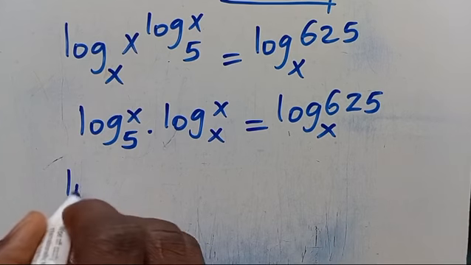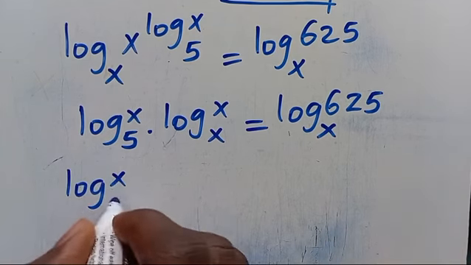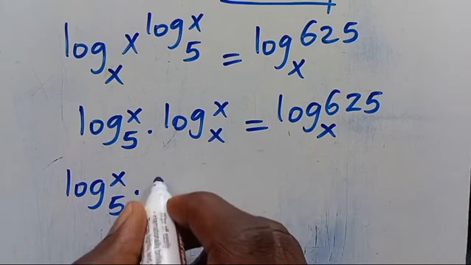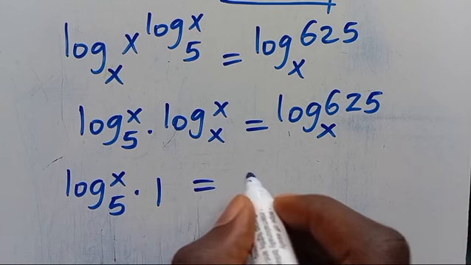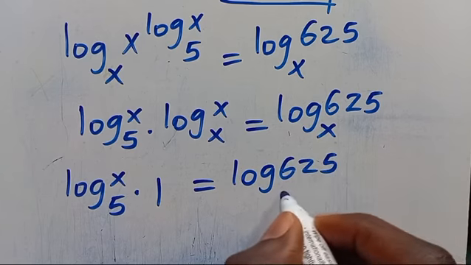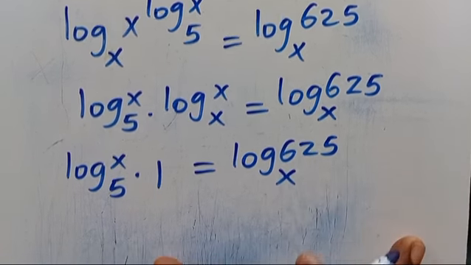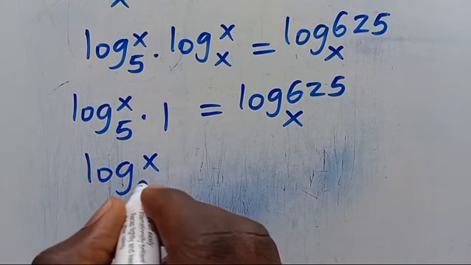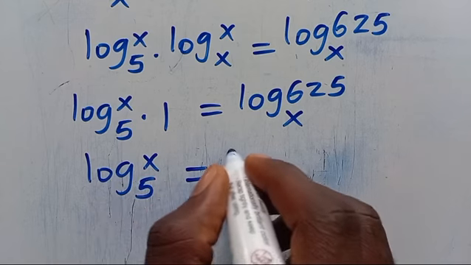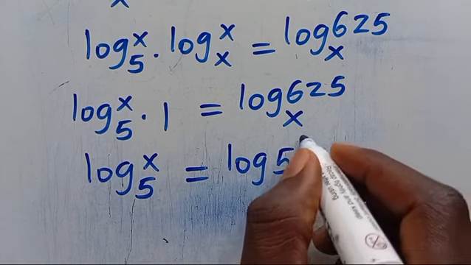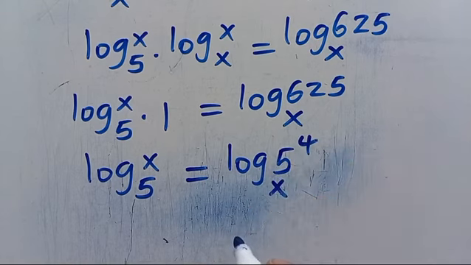So we have log x in base 5 multiplied by log x in base x, and this will give us 1, equals log 625 in base x. So we have log x in base 5 equals log, and we can write 625 as 5 to the power of 4, then in base x.